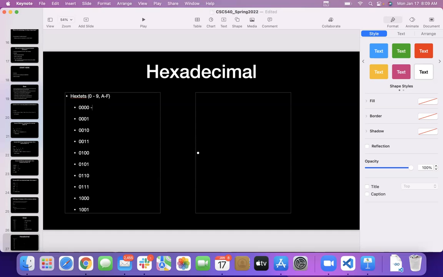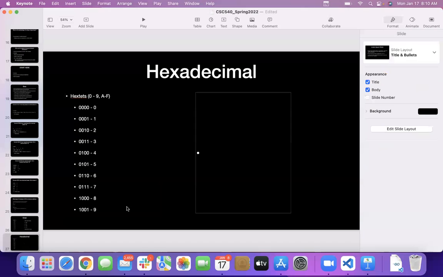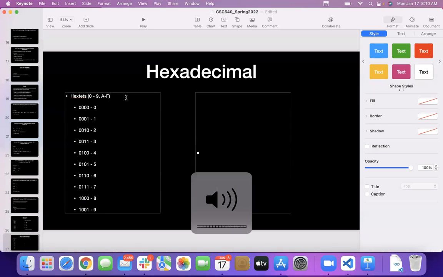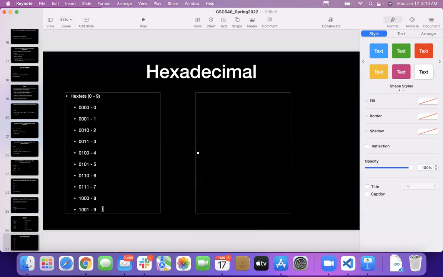So this is a 0, a 1, a 2, a 3, 4, 5, 6, 7, 8, and 9. So this is our 0 through 9s.